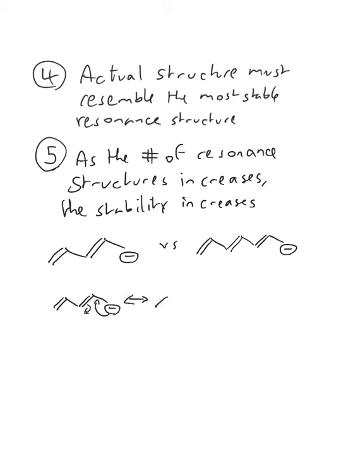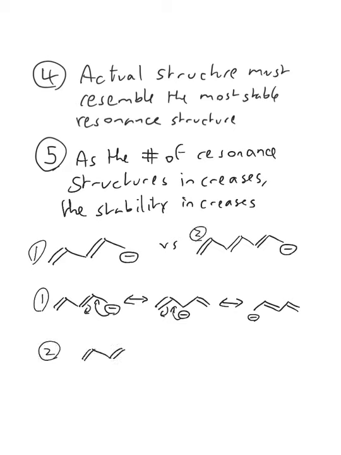It can form this resonance structure, and it can keep on moving with its arrows to give you this resonance structure. Okay, so number 1 with number 1. Go with 2. This is 2, sorry.